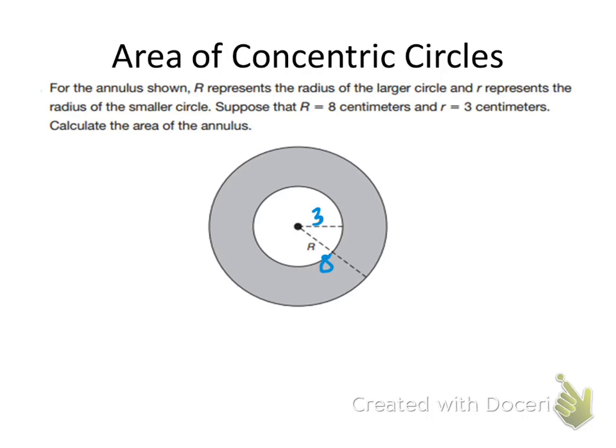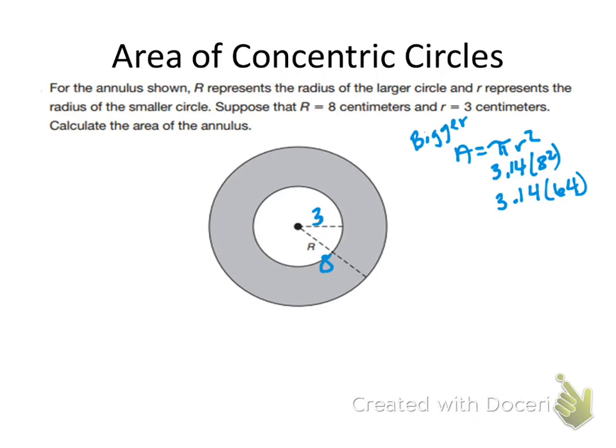So first thing I'm going to do is let's go ahead and find the area of the bigger circle. So the area of your bigger circle, formula is still the same. Pi r squared, so 3.14 times 8 squared. So 8 squared is 64, so 3.14 times 64.